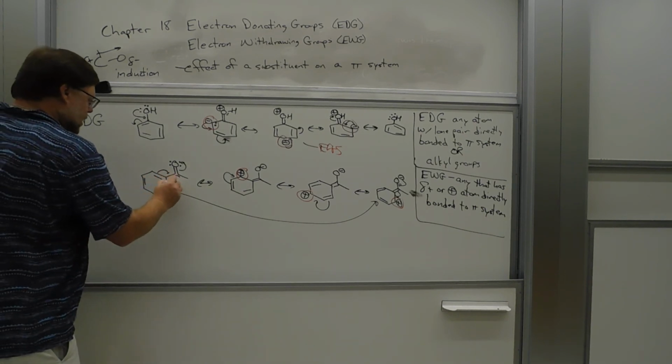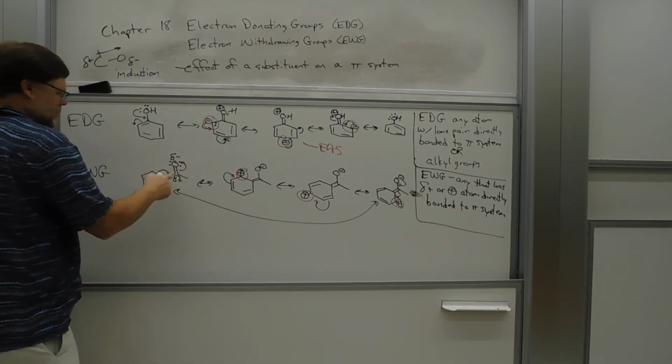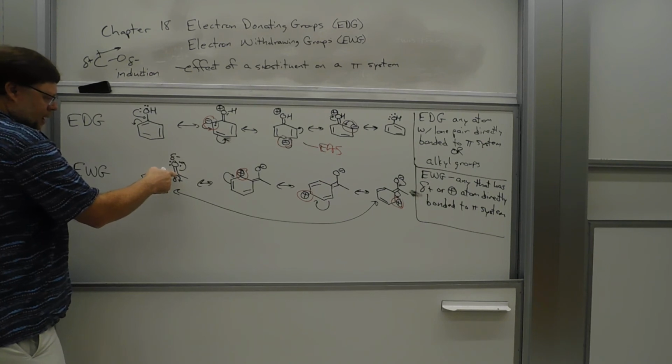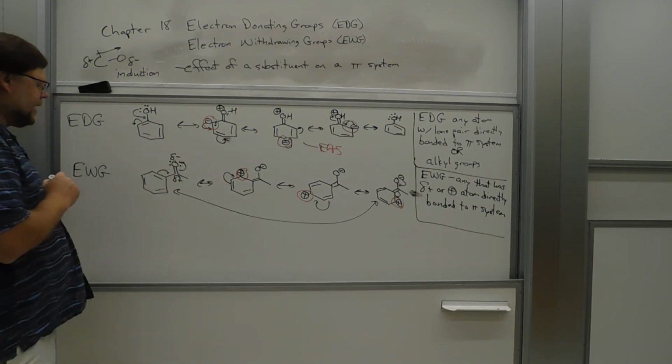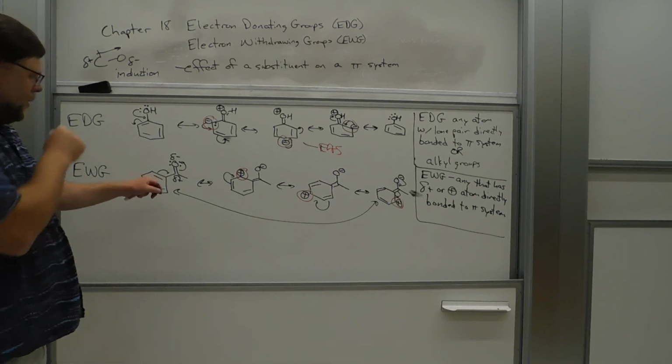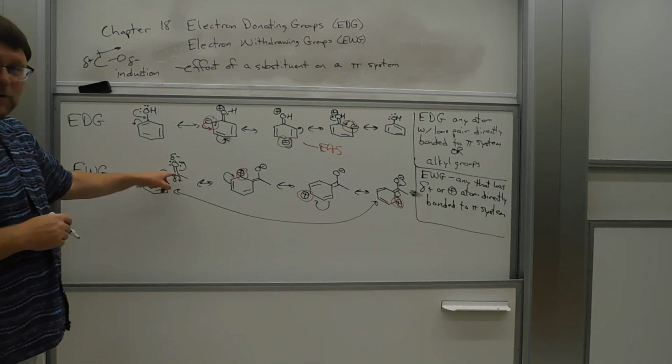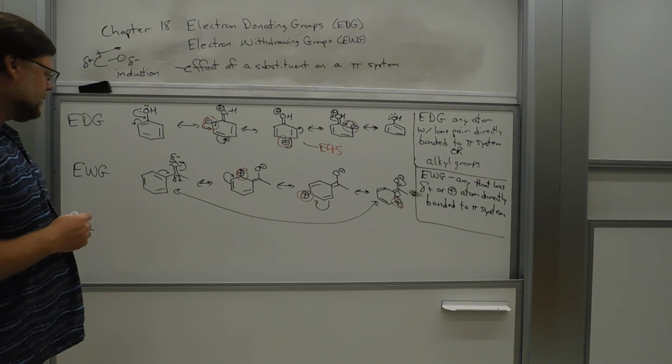Right? If you think about the carbonyl, the sp2 carbon of the carbonyl is really strongly partial positive. The oxygen's partial negative. If this was a nitro group, that nitrogen would be positive.